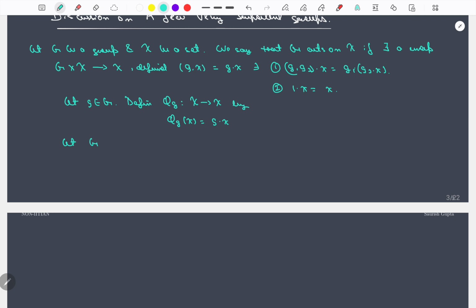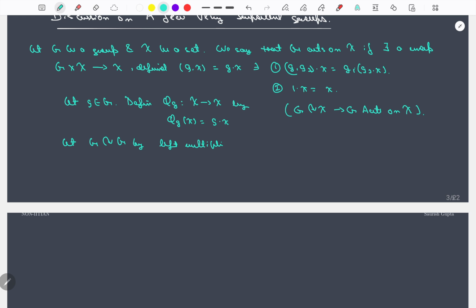Okay. So now this is something which we write as, G acts on X. Okay. Now let G act on G, by, let's say, left multiplication. So this is also called the transitive action probably. Multiplication.